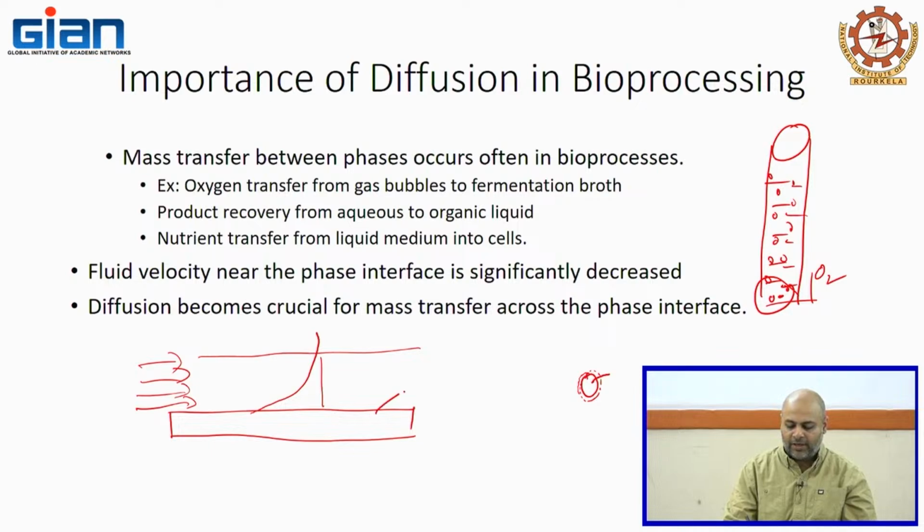So, if the plate is at a higher temperature, let us say 100 degrees Celsius, and the fluid is at 20 degrees Celsius, what is the temperature at the surface? The plate is at 100 degrees Celsius. The fluid which is moving over the surface of the plate is at 20 degrees Celsius.